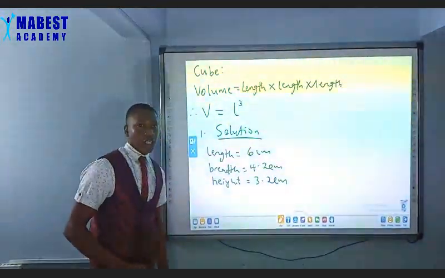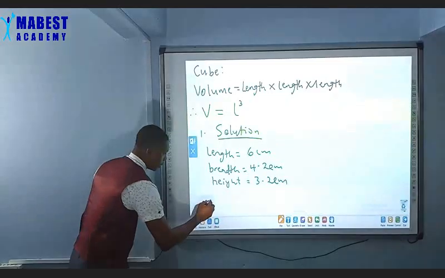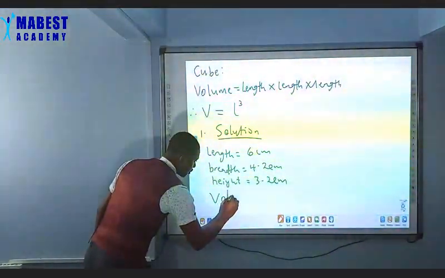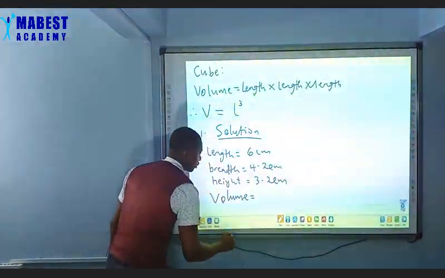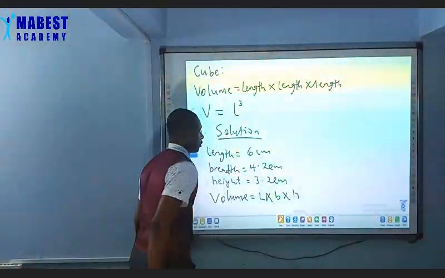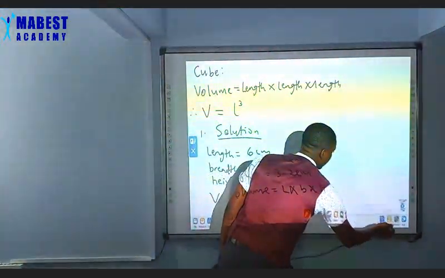So for learning, can you tell us the formula we are going to use? Okay. It therefore means that the volume of a cuboid is equal to the length times the breadth times the height. Are we together? So let's take another fresh page.